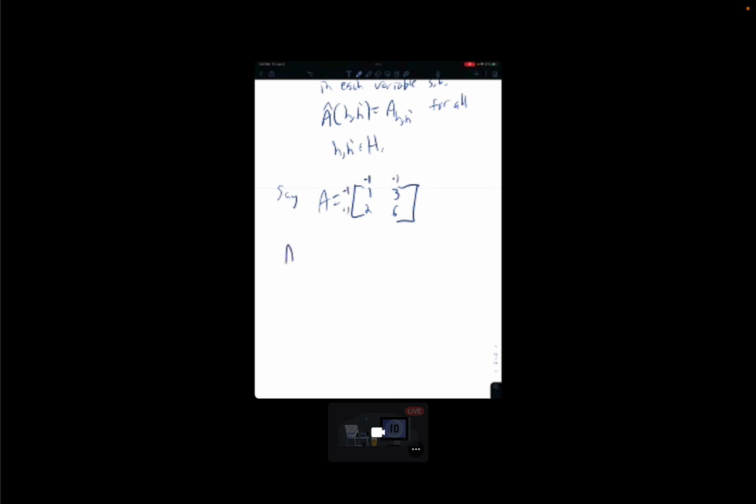So A hat of XY, I'm just going to give an expression for it via Lagrange interpolation. It would be 1 times, so I need to write down the Lagrange basis polynomial that maps -1 to 1, and any other combination of -1 and +1 to 0. So I think that would be x plus 1 over 2 times y plus 1 over 2, right? So x plus 1 over 2 maps -1 to 1, and no, I did it backwards.